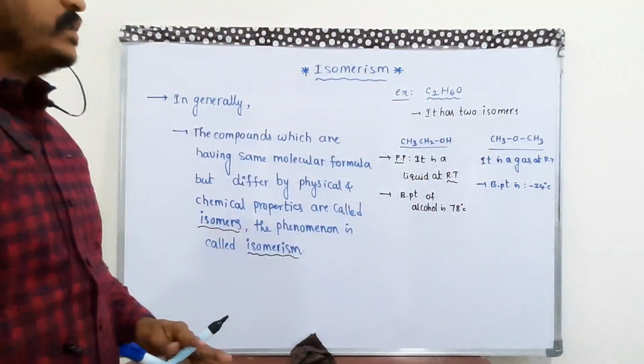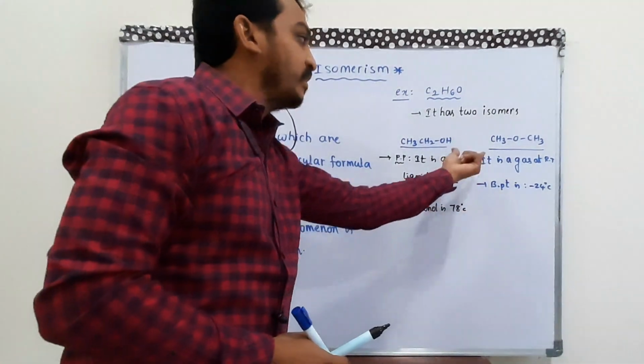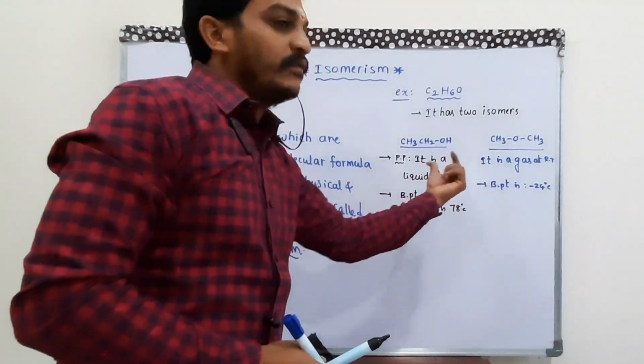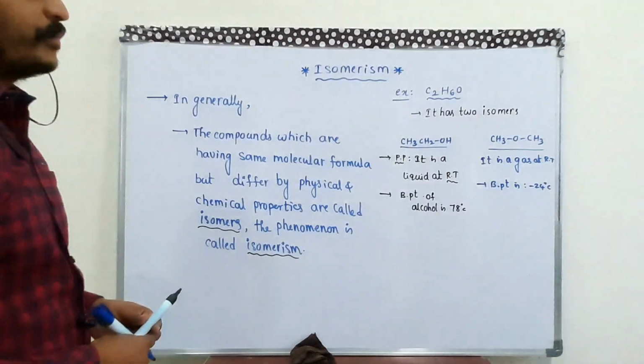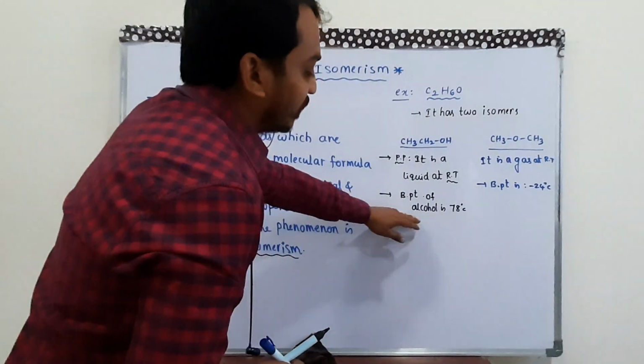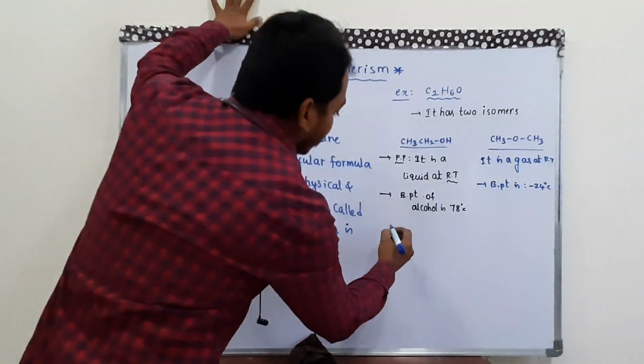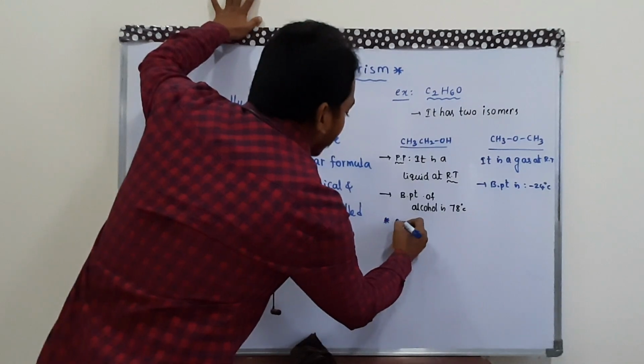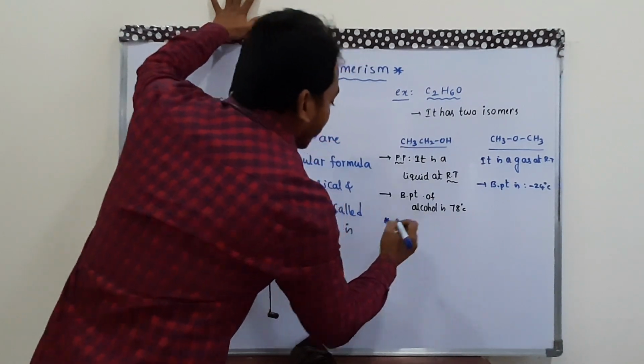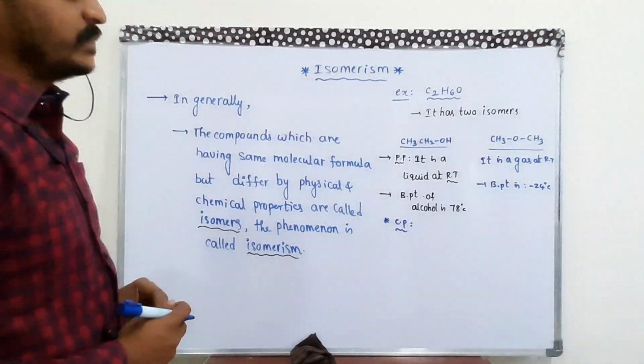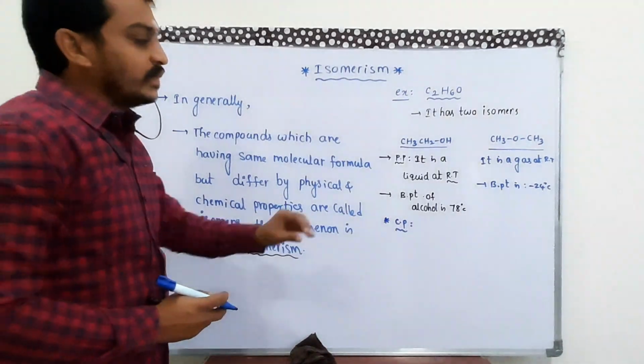So in these two cases, these are different physical properties. Next, observe the chemical properties. What are the differences here?